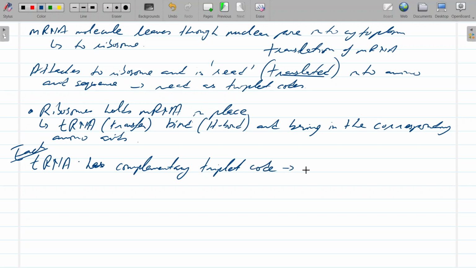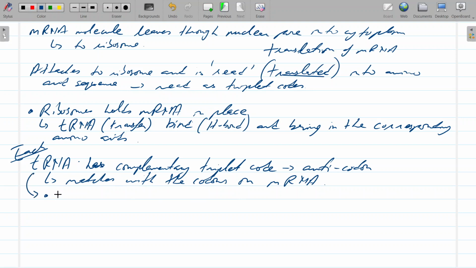And that is called the anticodon. And what happens is that it matches with the codons on the mRNA, right? And it also has binding sites for the amino acid molecules.